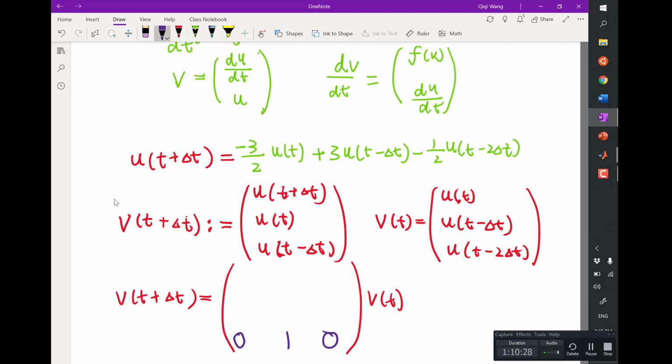So the rest of them are 0, right? How about the middle row? 1, 0, 0, right? Okay. Good. So 1, 0, 0 multiplied by this, I get 1, so I get what I want. Others are 0, right? How about the top row?